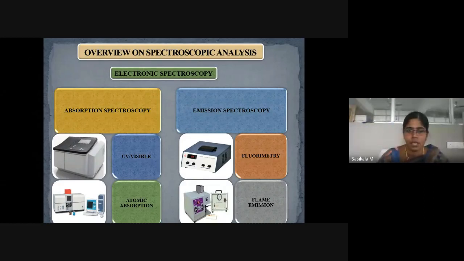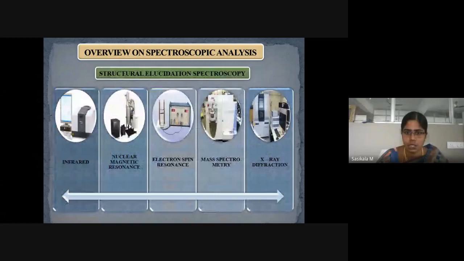Let's move on to structural elucidation spectroscopy. There are 5 categories of structural elucidation spectroscopy. It is known as structural elucidation because by analyzing your analyte or any chemical molecule by these spectroscopic methods, you can predict the chemical structure or confirm the existing structure of a molecule.